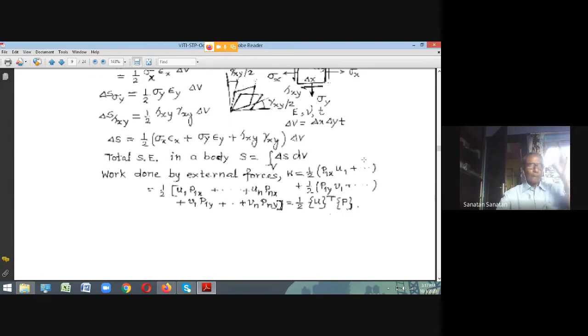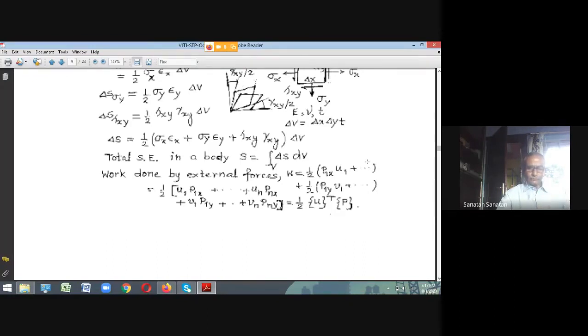The number of points will have forces at that node in the x and y direction. If at point 1 on the boundary the displacement in the x direction is u1 and in the y direction is v1, and it goes on up to the nth node, where n is the number of nodes.